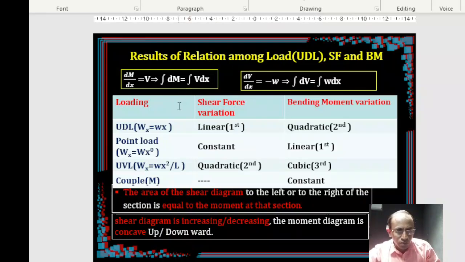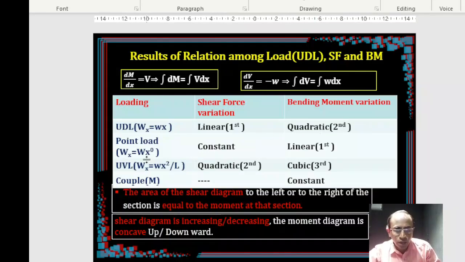And apart from that, in relation to the loading, shear force and bending moment, you will get some idea about the shape of the curves. So with a UDL, because the loading at a particular section is a constant, you will get the shear force as a linear function, whereas the bending moment is a quadratic, second order function.